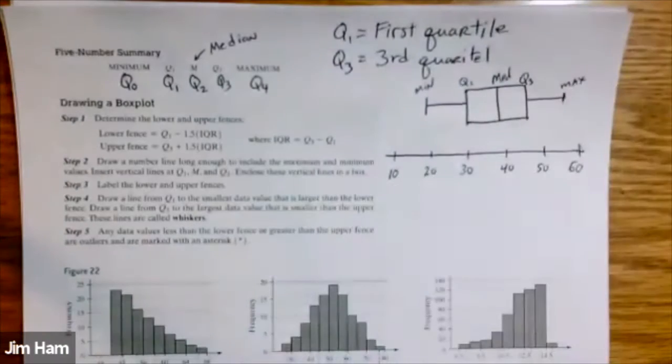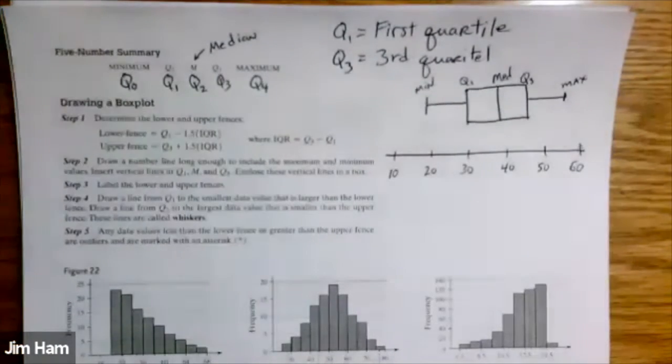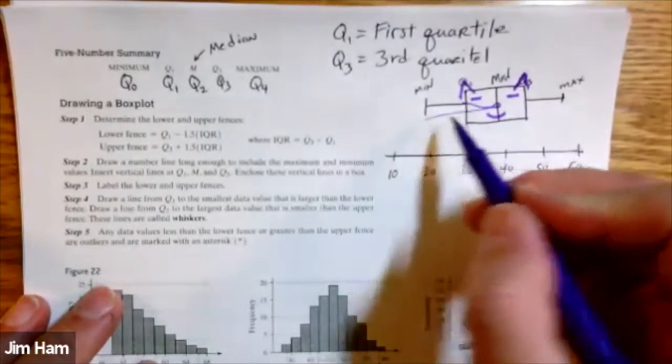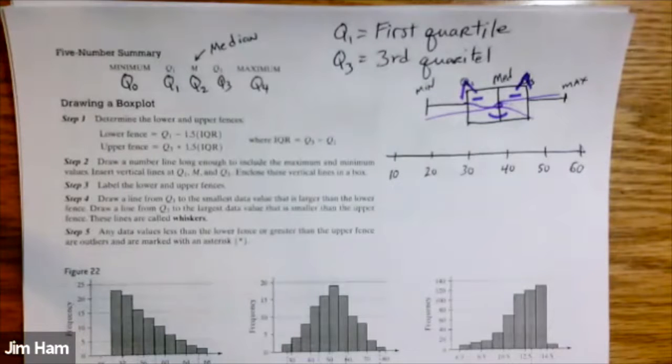If you take those 5 numbers from a data set and draw a graph like this, it's called the box plot. Sometimes it's called a box and whiskers plot, because you have the box and then some whiskers. This is a pretty standard graph that we use when we're going to compare a single set of numerical data, and it's another one that you're going to see in the homework.